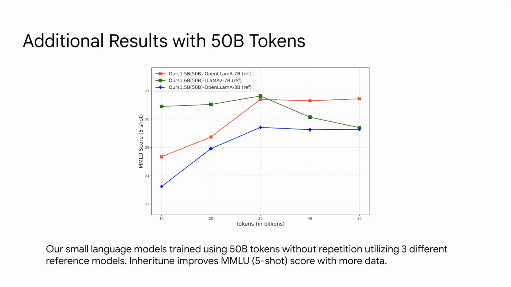And then I have shown 3 different reference models. Previously, we had just one reference model, which is OpenLLaMA 3B. Here we have 3 different reference models. But here we don't repeat our tokens. We don't repeat with multiple epochs of data. It's just one standard pass over the 50 billion tokens. And this is how far we can go with more data.